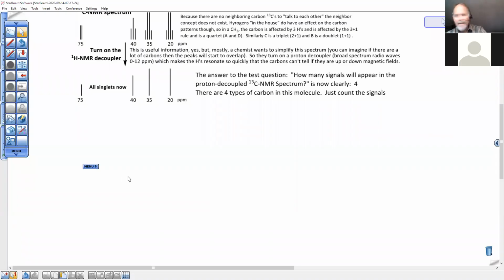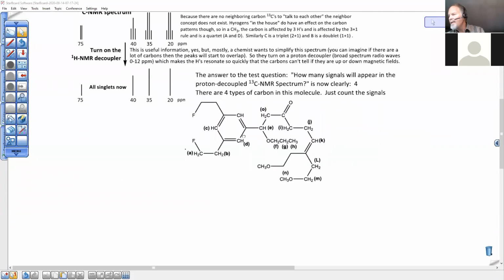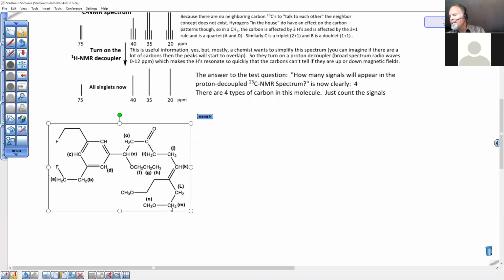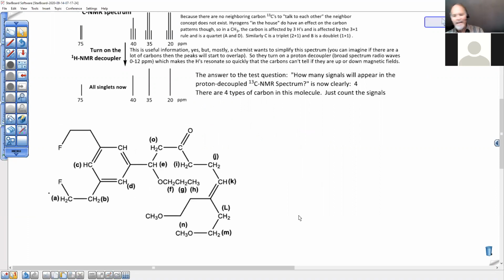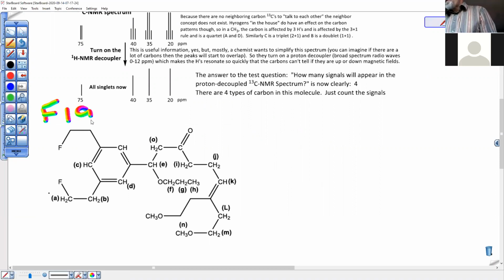All right. I started the video again. We're zooming over to here. And we got this molecule from fall 19, test 1.